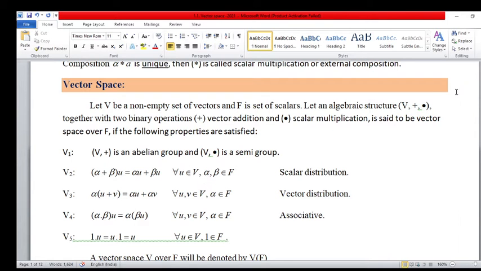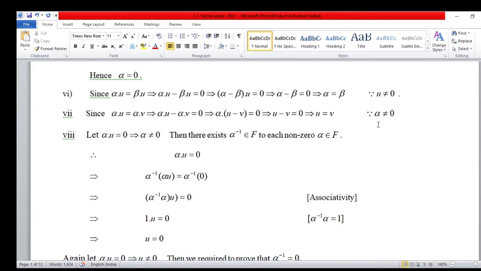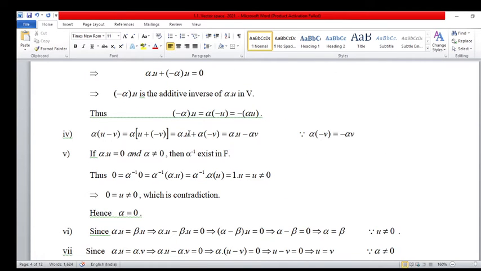This property V3 is applied here. So we obtained the V3 property. Alpha u plus alpha minus u, and alpha minus u means this is minus, can be written as alpha. So this property is applied here, and this is the result.